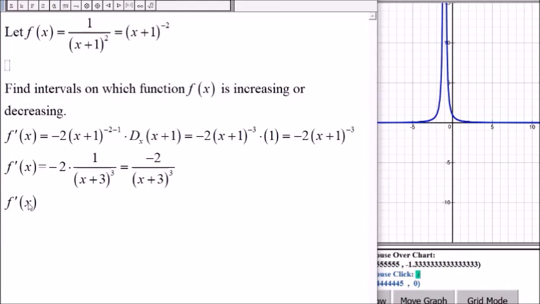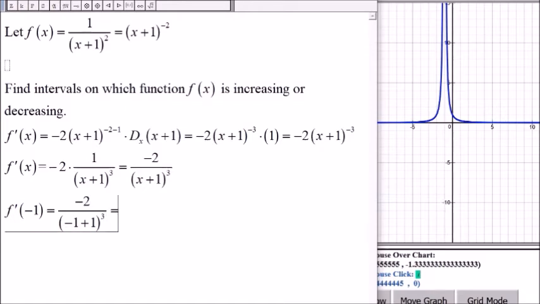So, that should be a 1. That should be a 1. So we put in a negative 1 right here, and we have a negative 1 here. Then this becomes negative 2 divided by 0, which is undefined.